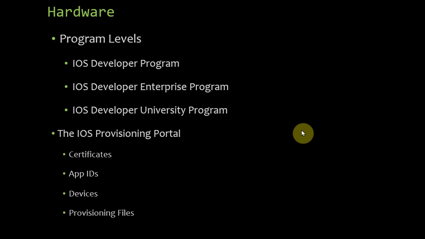The cost for this particular program is $299 a year. This level of program will not allow you to distribute the app through the App Store, but allows ad hoc distribution, that is, distributing directly to a device without using the App Store. So it allows you to distribute to the devices in your organization.